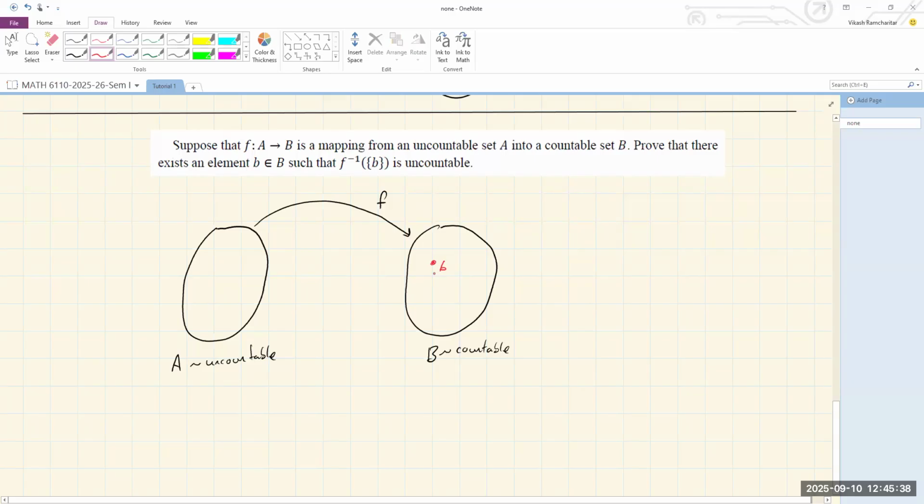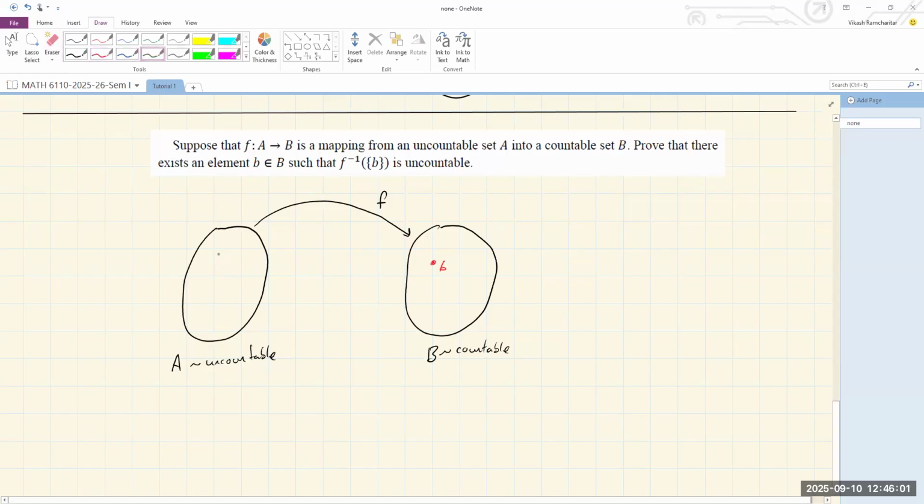I want to show that there exists some element b in this set such that its pre-image is uncountable. So what is the pre-image? The pre-image is everything in A that maps into b. Let me draw that circle.